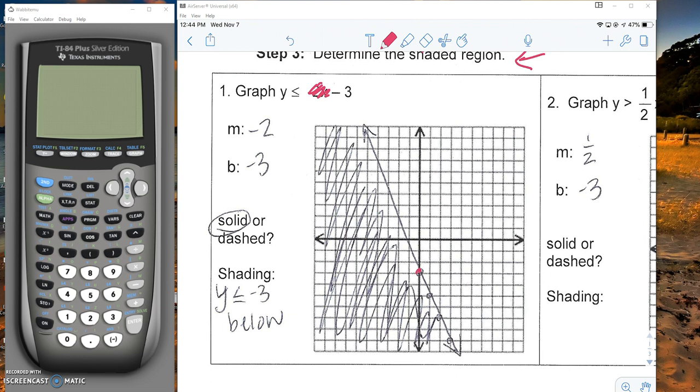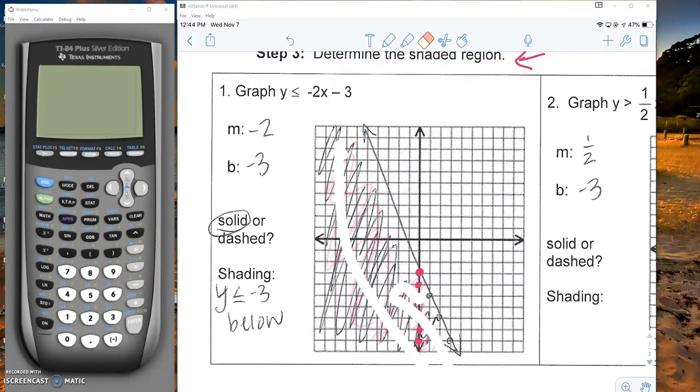Well, less than -3 on the y's would be -4, -5, -6, -7, -8, -9, -10, and so on. And so we shade everything underneath, which is also underneath the line. So that's where the shading comes into play.